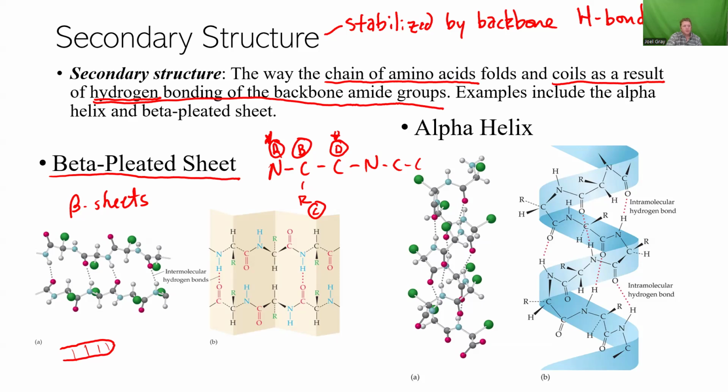Another, your other major secondary structure, is known as the alpha helix. Now, when you think about biology or science or chemistry and you hear helix, what comes to mind? DNA. Absolutely.